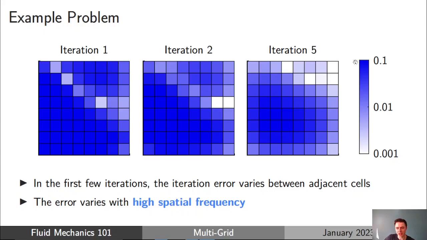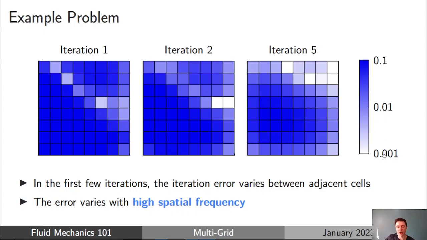And the contours here are shown in blue, where the dark blue indicates where the error is large, or where we're a long way from convergence, and as we get more towards the white end of the colour map, that indicates the error is much smaller and we're closer to convergence. And what I want you to focus on is that after the first two iterations, if you just look at the spatial variation of the iteration error, you can see that between adjacent cells, the error can be significantly different.